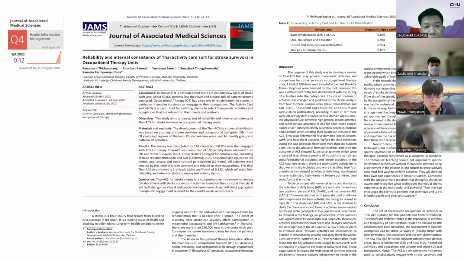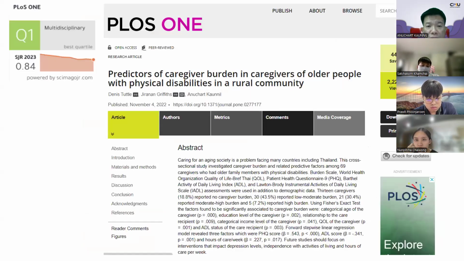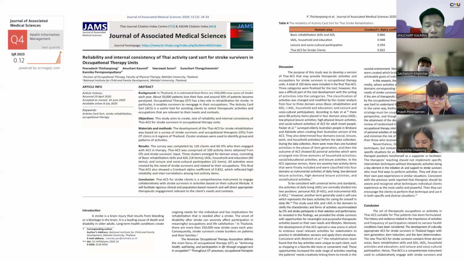At that time, I collected data from the clients: what is your activity, to make the Activity Card Sort for stroke survivors. It can be generalized to the Thai Activity Card Sort, just for stroke clients among Thai people. In reality, we need to expand beyond stroke, to elderly people and teenagers, for the Activity Card Sort.